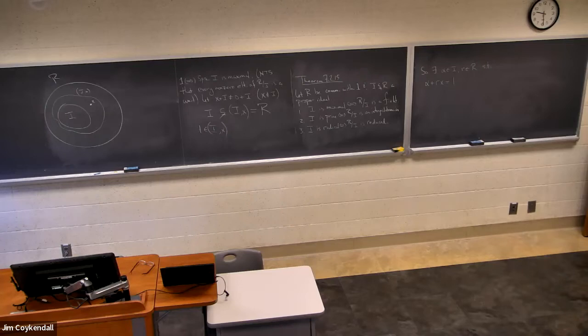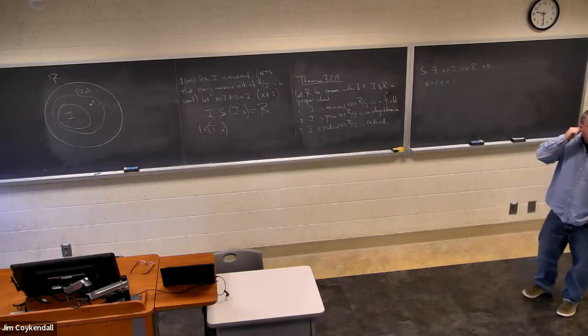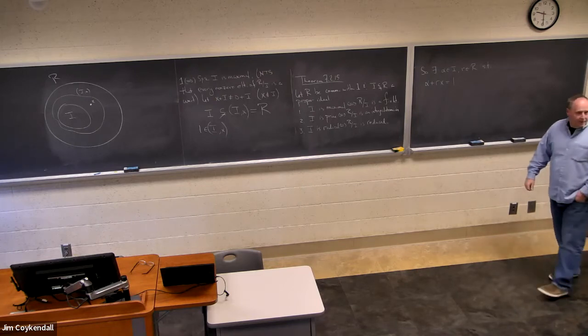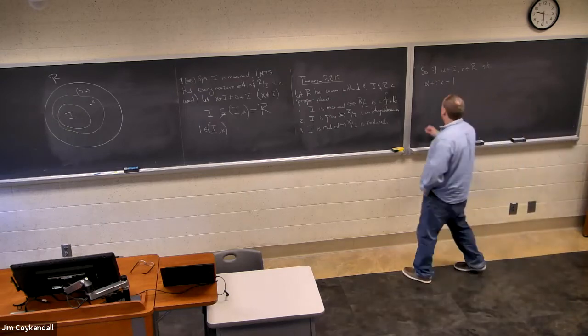We know that 1 is in the ideal because it's the identity. That is correct, and I know that R has an identity, so everybody okay with it? Everybody good so far? Now check this out.